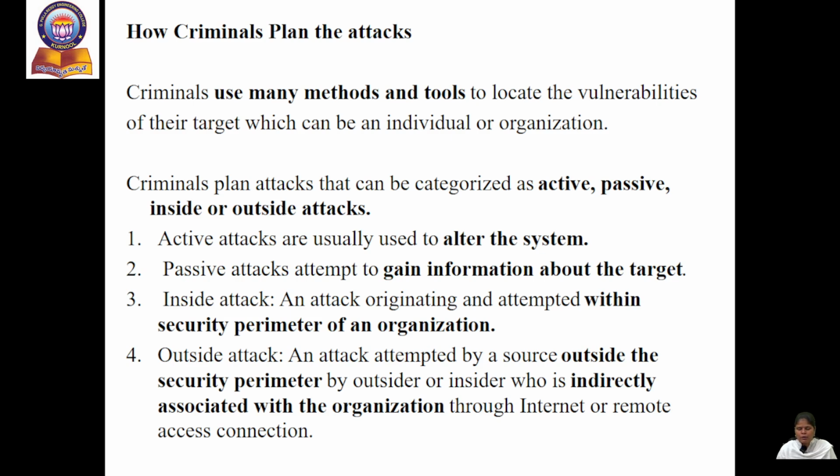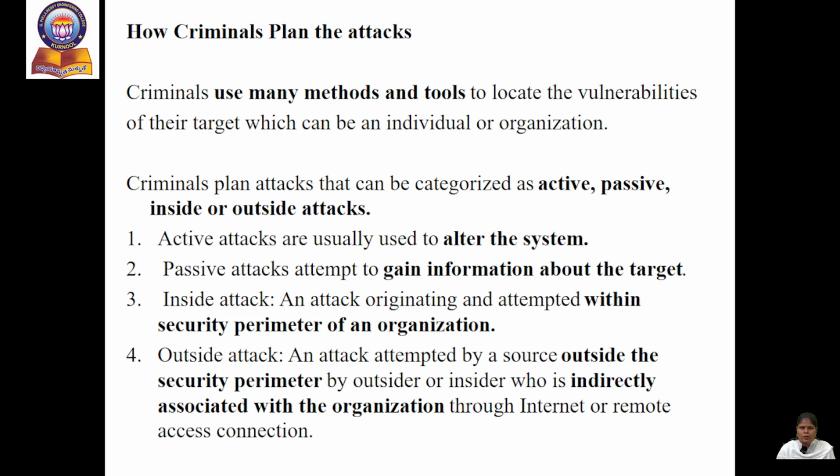Before planning a cyber crime, we can classify the cyber attacks into 4 types mainly. One is an active attack, another one is a passive attack, and then inside or outside attacker.